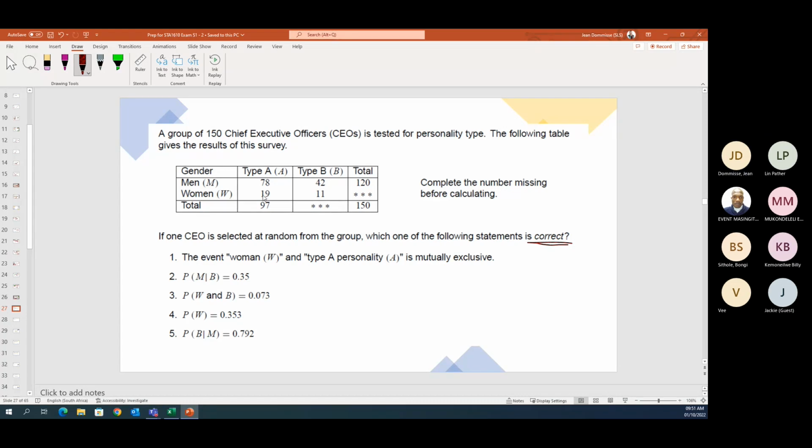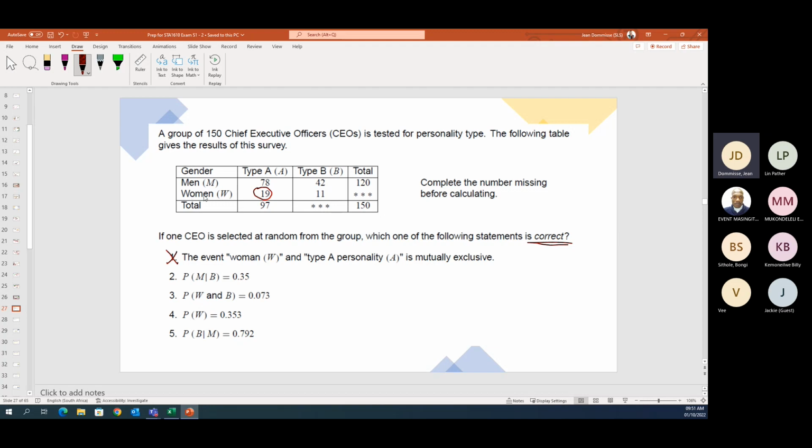Woman, type A: if it was mutually exclusive, that would have been a 0. It isn't a 0, there's 19 people. It's incorrect. So I'm not even filling in numbers yet. I'm just checking first.